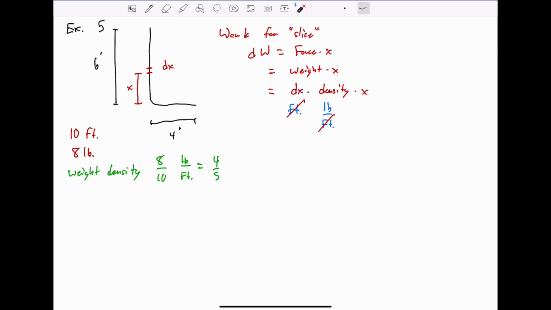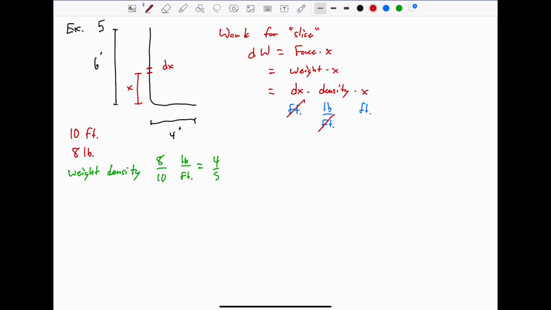Now, if we think overall, we have the dx, that's feet, density, pounds per foot. x here is a measurement of distance, feet. So overall, this entire expression has units of pounds times feet, or foot-pounds. That's a unit for work. The units work out. That helps us to keep on the right track.